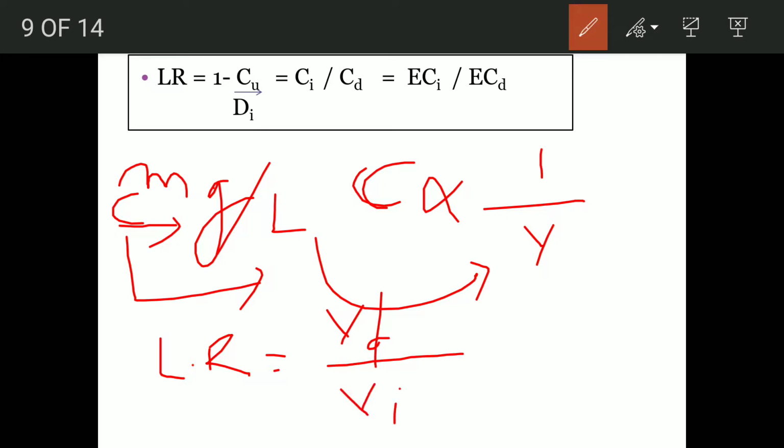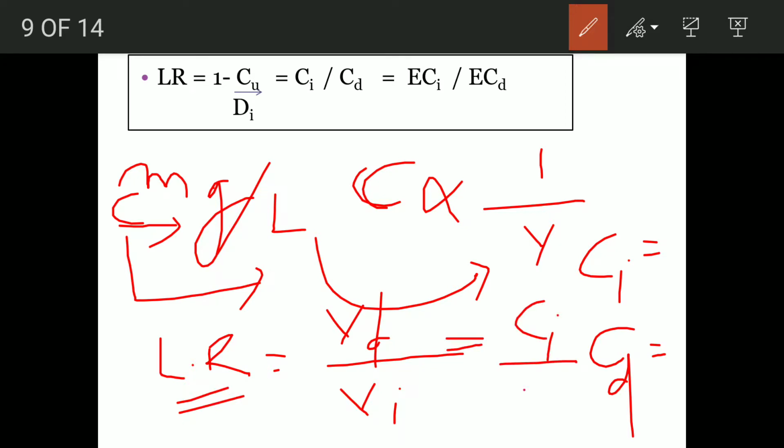If CI represents the salt concentration in the irrigated water and CD represents the salt concentration in the drained water, LR can be written as CI divided by CD, since volume and concentration are inversely proportional.